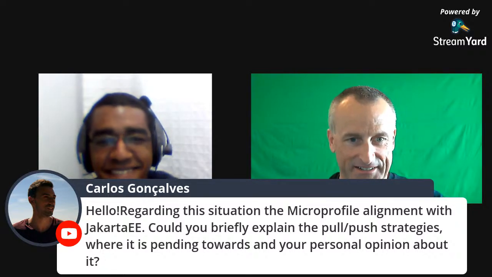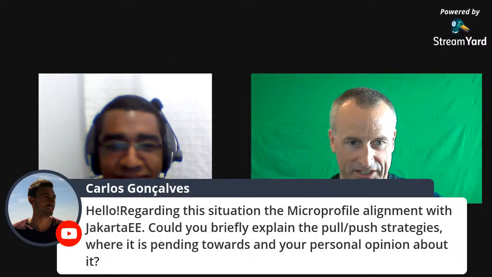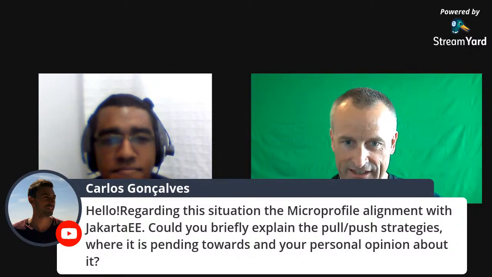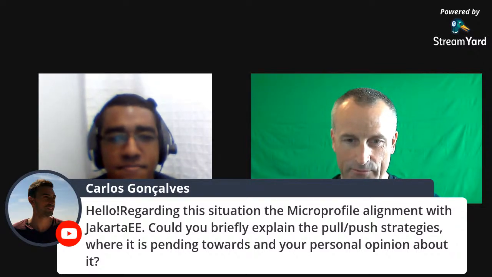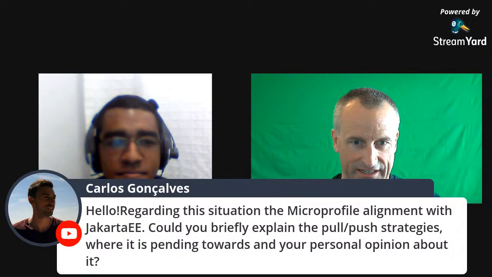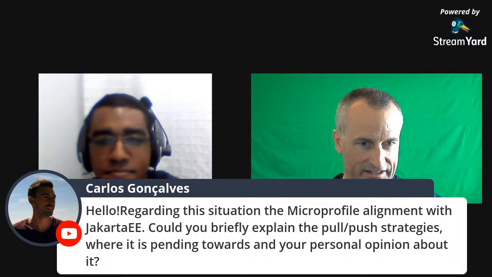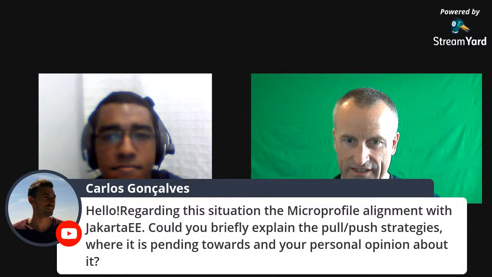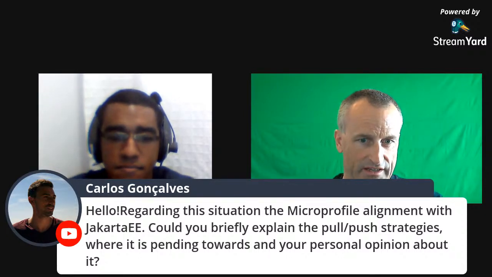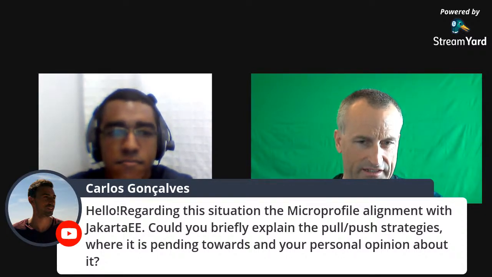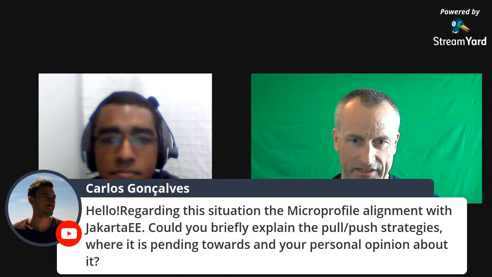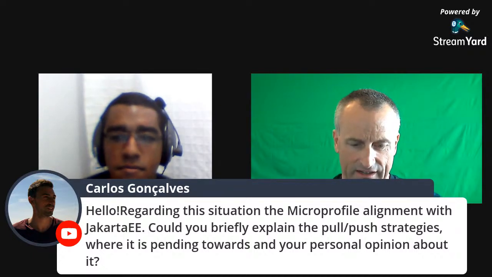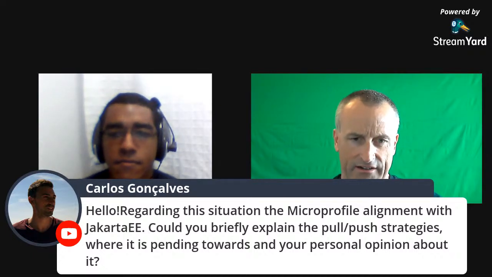Yeah. So about the alignment with Jakarta EE, I'd like to waive that question right now. I can explain the pull push strategy. It's a decision the MicroProfile community made when they were deciding on their alignment with Jakarta EE.